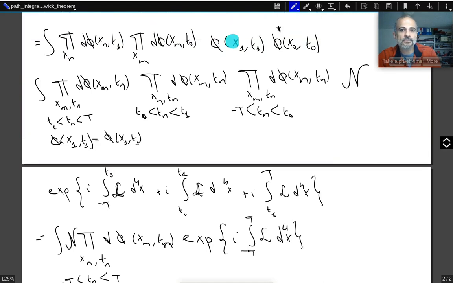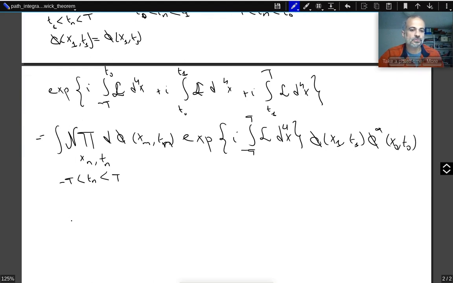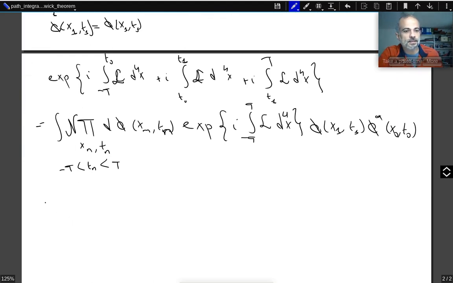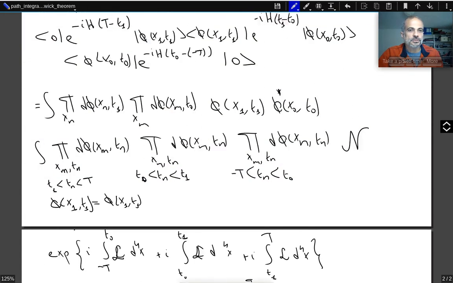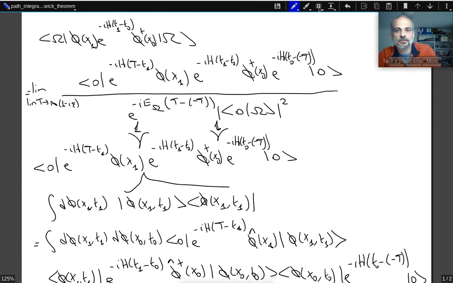And then I also have these terms, phi of x1 t1, phi star of x0 t0. So what we have actually shown up to this point is, not omega, just the numerator in that expression.